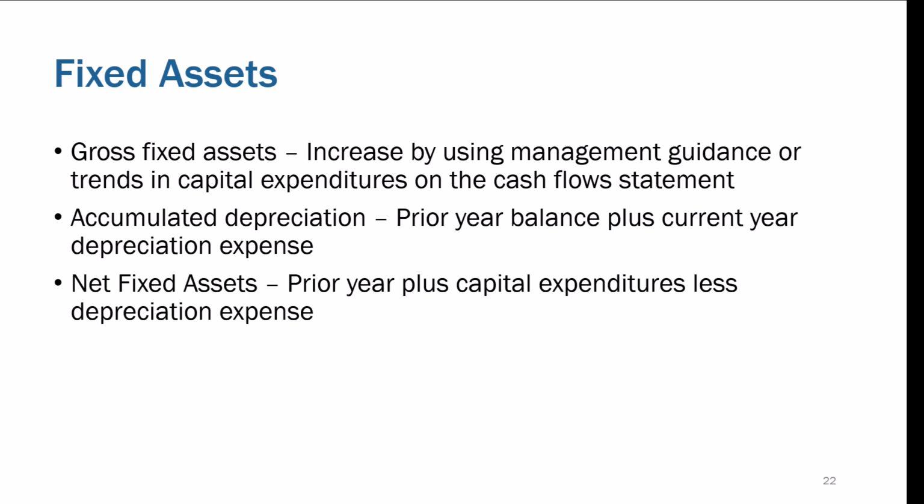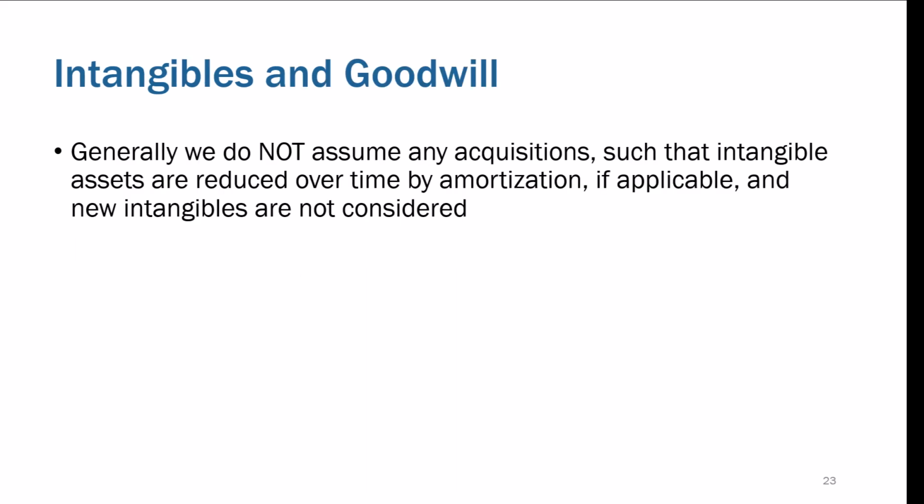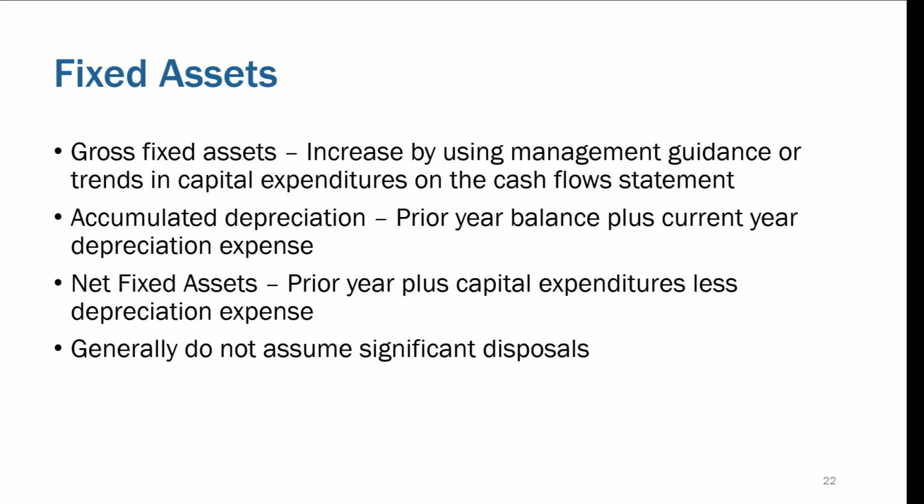But just because it's easy to carve off capital expenditures and depreciation expense, and because you're also going to use those in cash flow forecasts, I prefer, as analysts will prefer, to forecast fixed assets and accumulated depreciation differently. Generally, don't assume significant disposals unless the company is in the regular habit of disposing of assets.